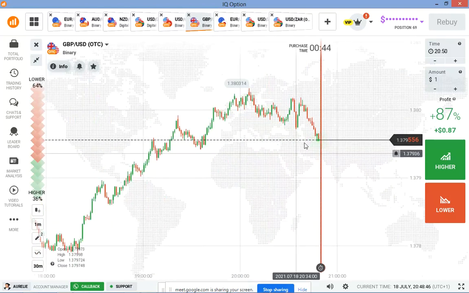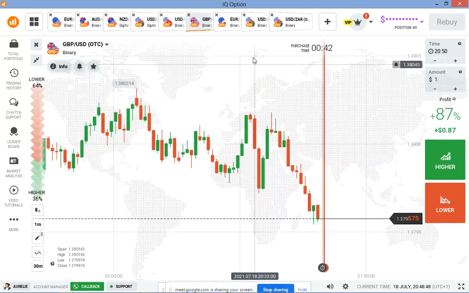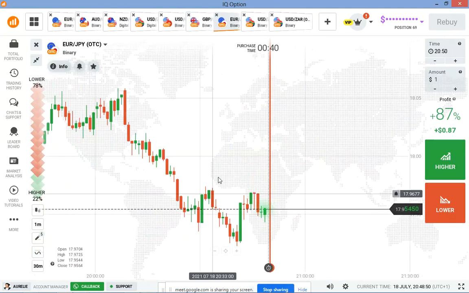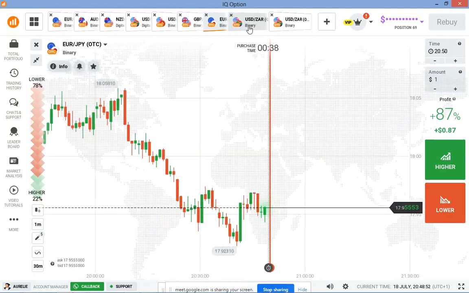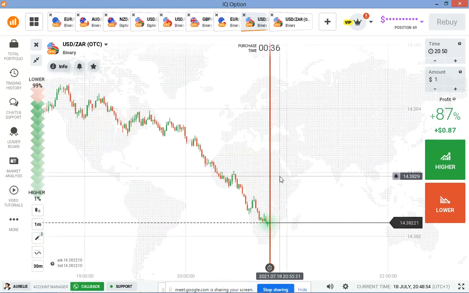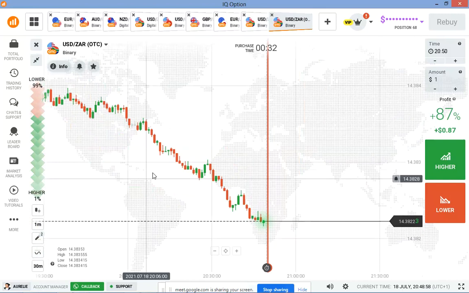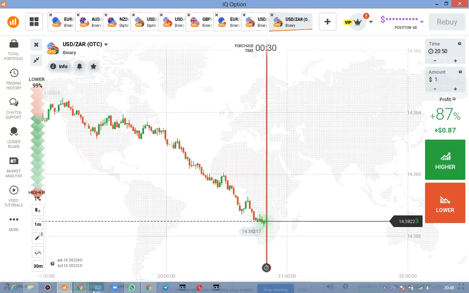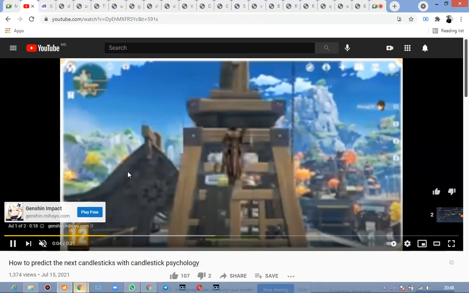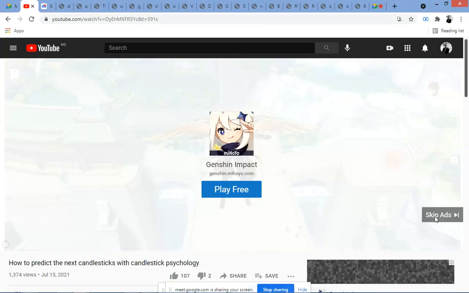Here also, you can use this because you have what happened on the left side. You can trade on that. Here also, you can trade on that. But this one, no, you can't trade here, and you can't trade here. So choose wisely.